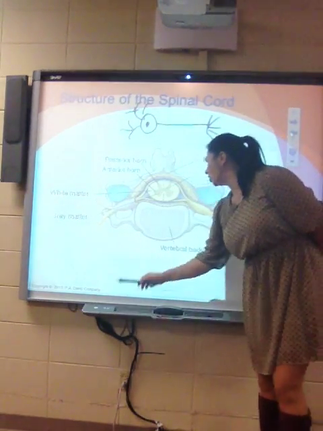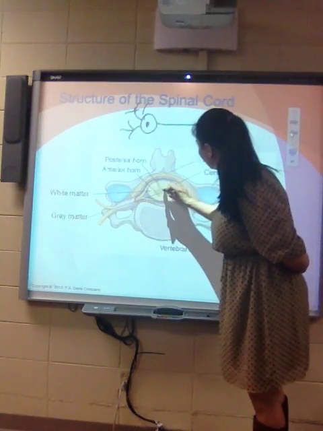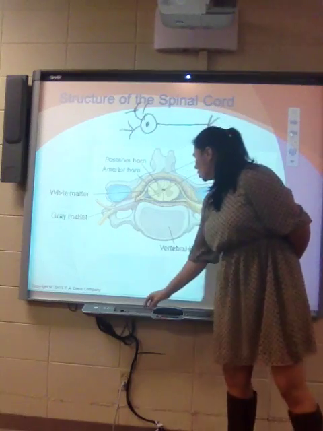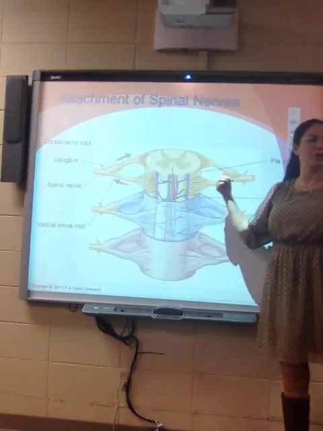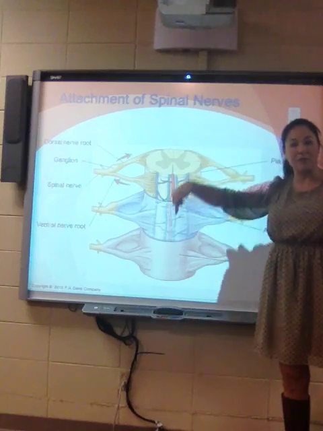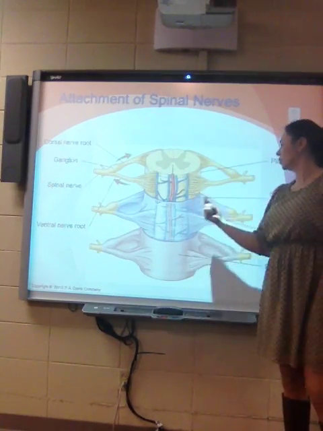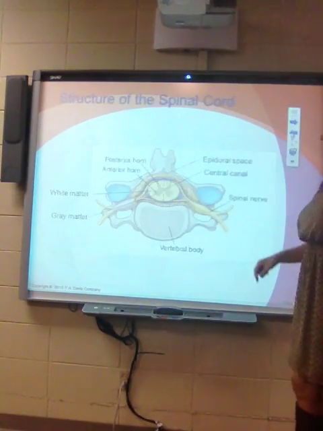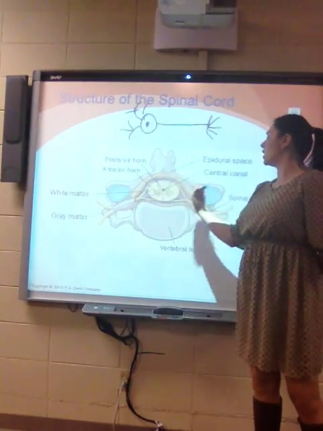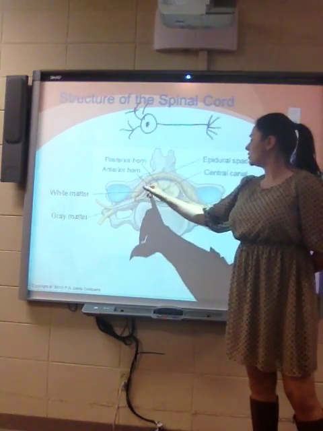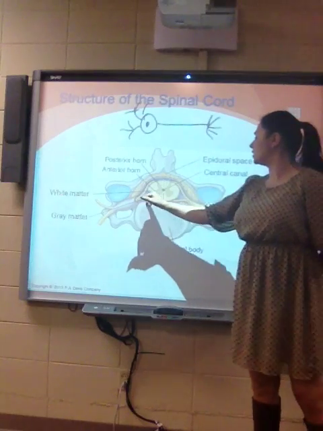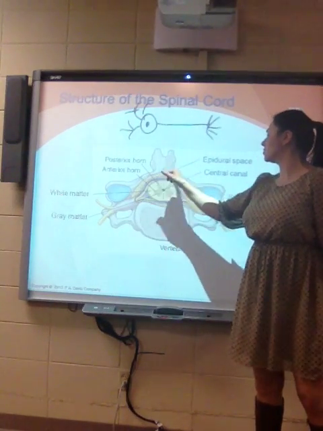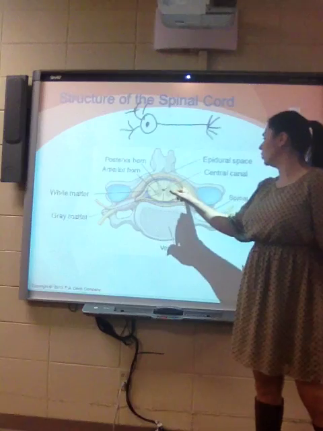Inside the very center of that spinal cord, you have what's called a central canal, and that's where the cerebral spinal fluid can go down the middle of it, and then it can go around the spinal cord as well. So it'll flow down the middle, and then it'll bathe around it. You see here in those open spaces is where you're going to find cerebral spinal fluid, kind of the blue here.